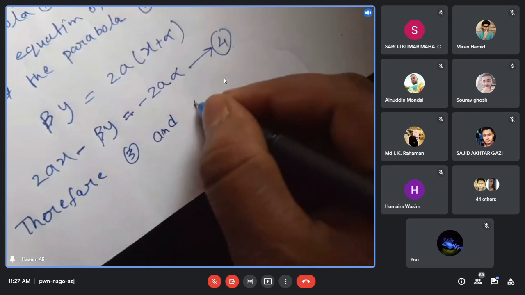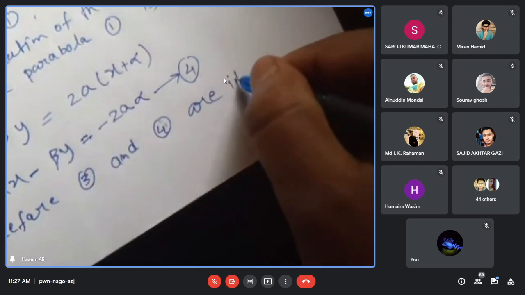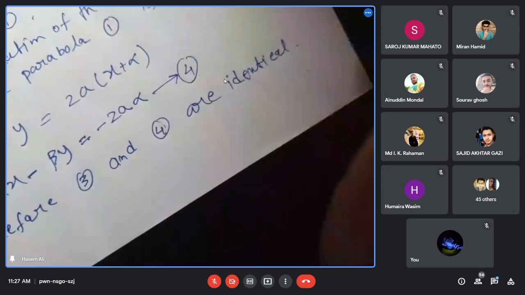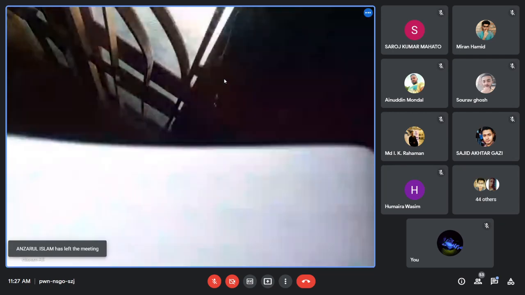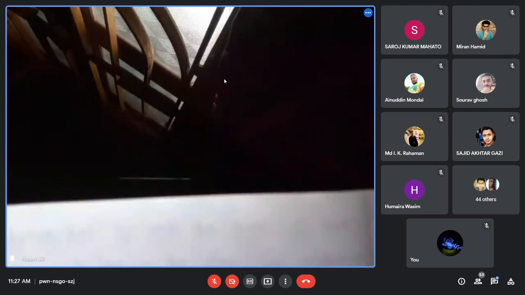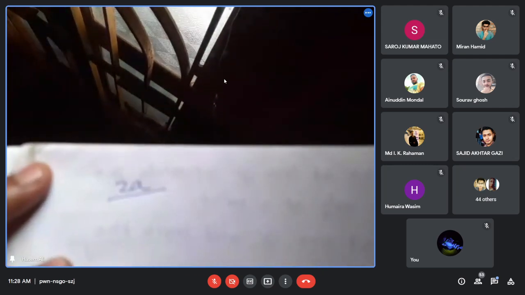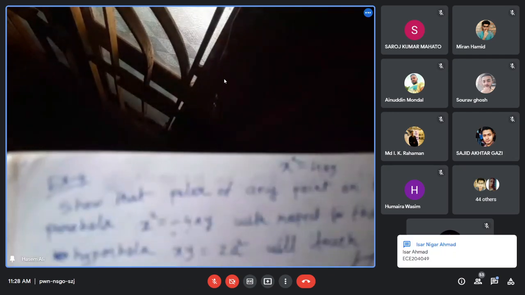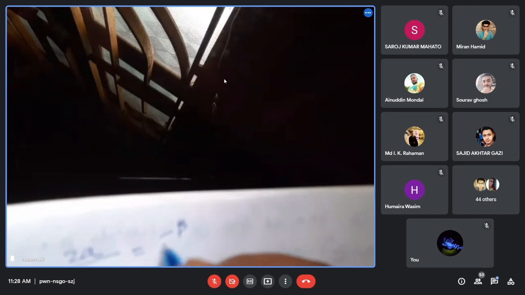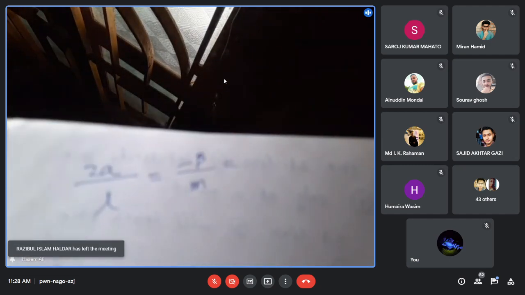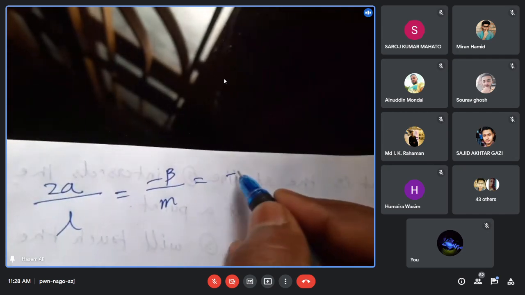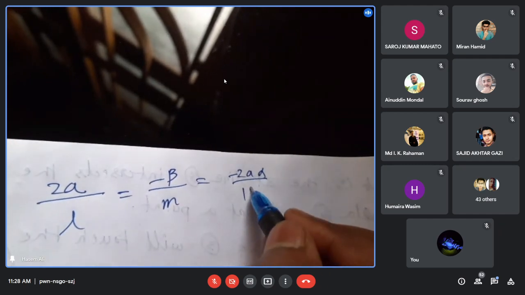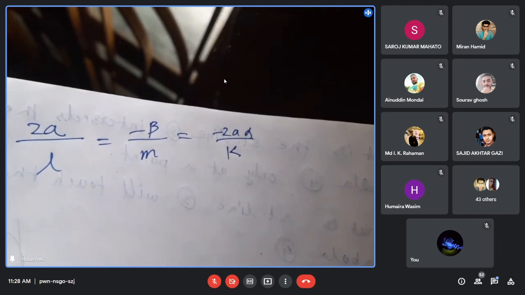So comparing, we have 2a by l equals minus beta by m equals minus 2a alpha by k.